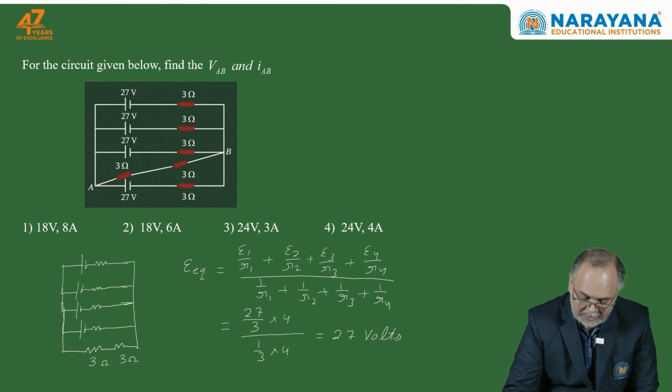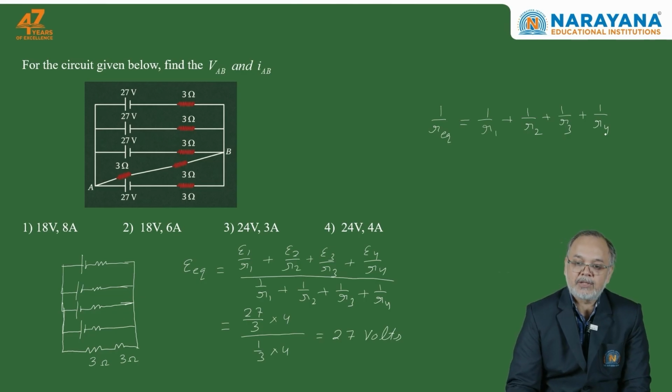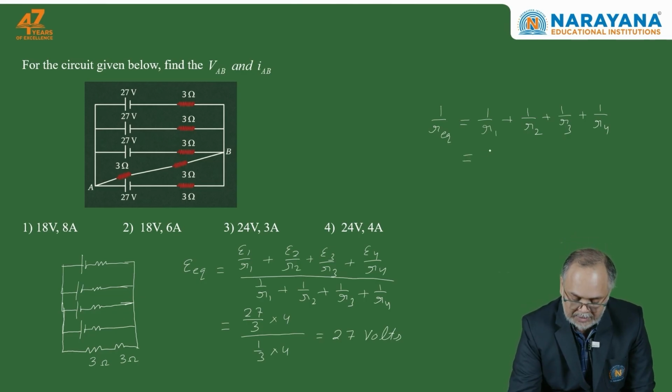Now further we can calculate the R equivalent. So R equivalent is what? 1 by R equivalent is equal to 1 by R1 plus 1 by R2 plus 1 by R3 plus 1 by R4. And here also we can put the values, so this will be equal to 4 by 3.